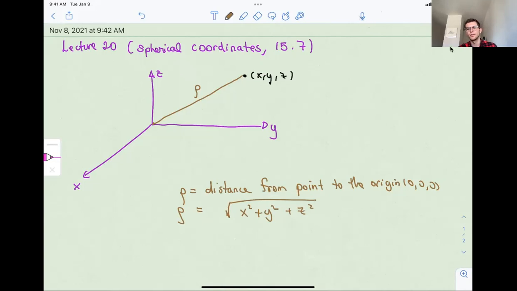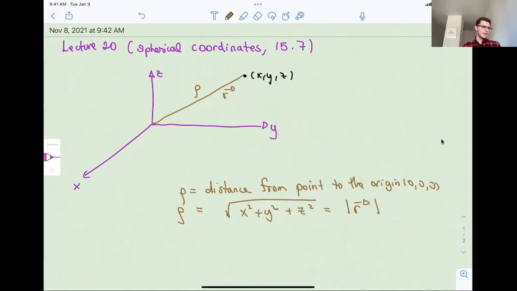Or you can think of it as the norm of the position vector; if you think of this vector as r, that was the norm of it. That's what rho means.